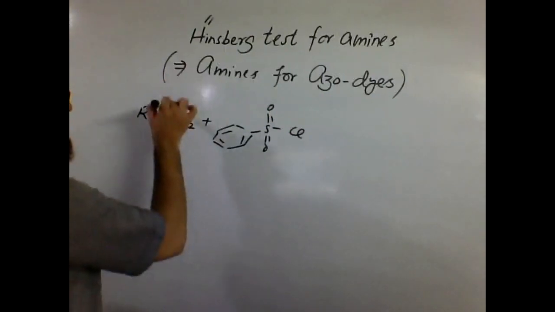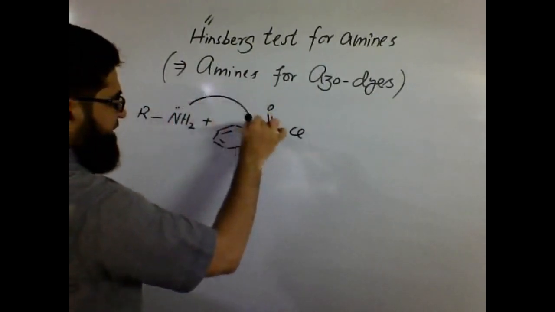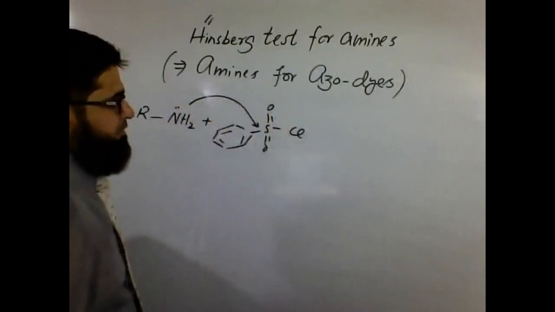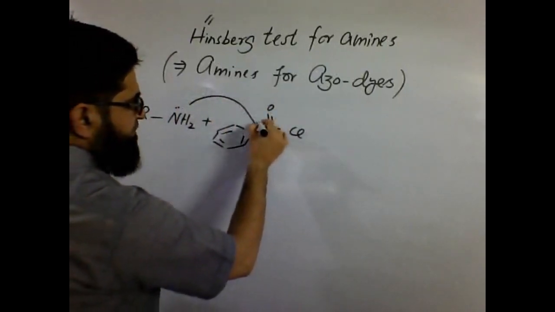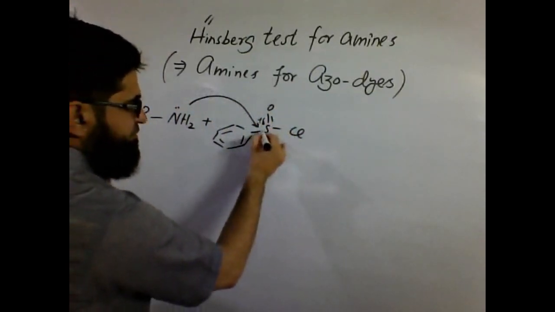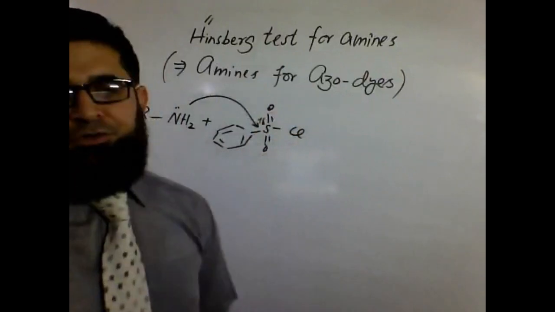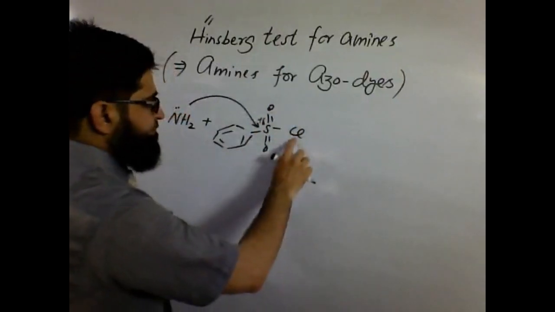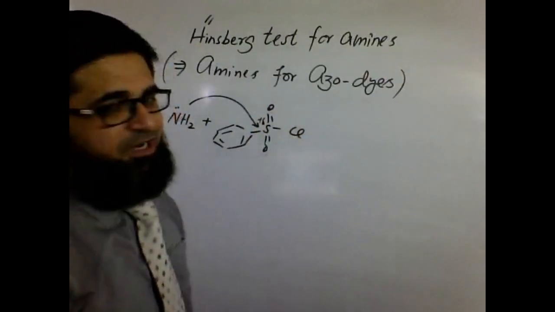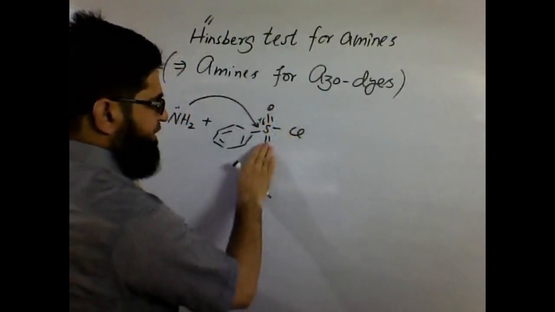We have an idea the amines carry a lone pair. This lone pair attacks at this sulfur, which is supposed to be partially positive. Why is it partially positive? Because it is connected with three electronegative groups. The chloro is electronegative, and two oxygens are connected, they are also electronegative in nature.